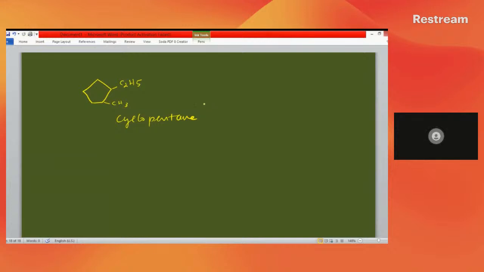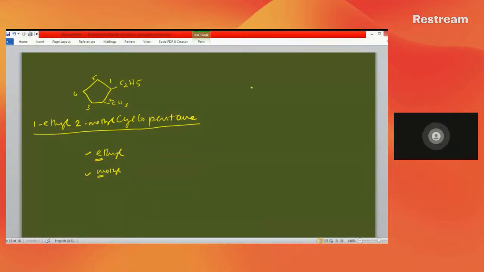Now you just take it as number 1 ethyl, 2, 3, 4, 5. So its name must be 1-ethyl-2-methylcyclopentane. So ethyl is written and followed by methyl. You just see the priority. Ethyl should be given preference.